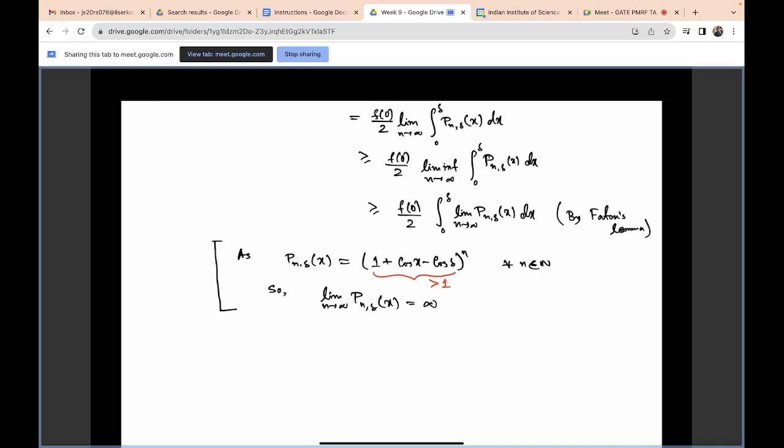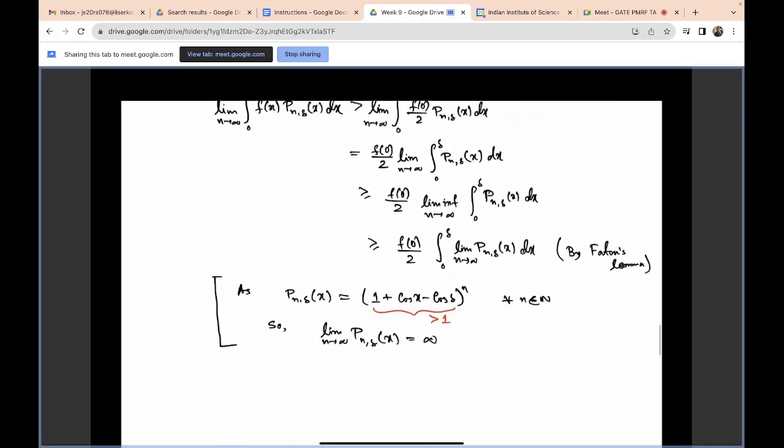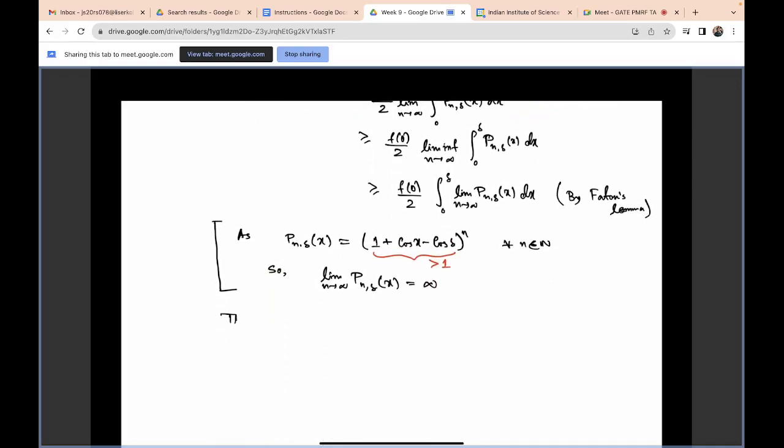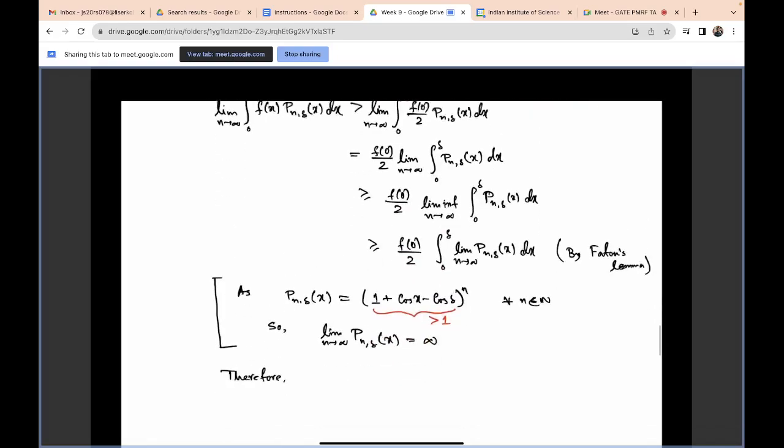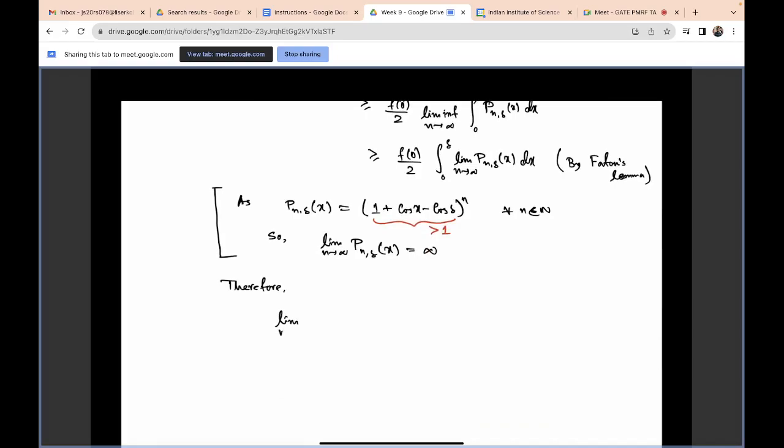So therefore, using this one, the limit as n tends to infinity of the integral from 0 to delta of f(x) P_n,delta(x) dx is bigger than f(0) by 2 times the integral from 0 to delta of the limit as n tends to infinity of P_n,delta(x) dx, and this side goes to infinity.